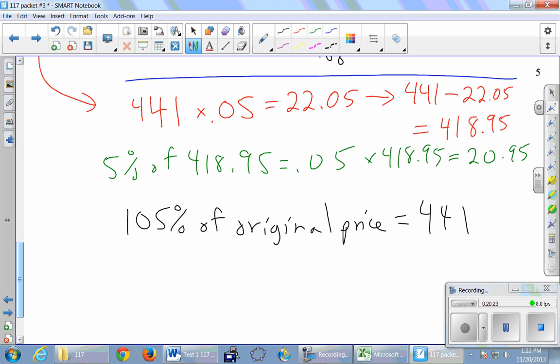Okay, so remember all that algebra that you guys know and love? It's coming back here. So let's call this original price X. 105% is 1.05. So there's an equation you can solve using algebra. 105% of X, 1.05X.